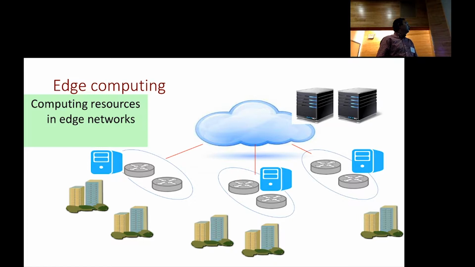So edge computing is the concept that maybe I can take some of these computing capabilities and move them closer to the edge. So you have computers or servers of some kind sitting at the edge networks and doing the same thing that the cloud-based data center does. Now, this may appear like, okay, why are you going back?